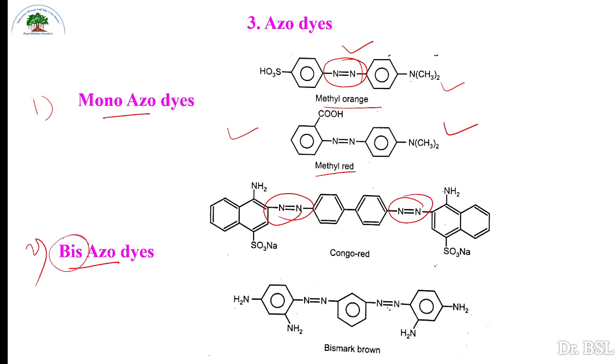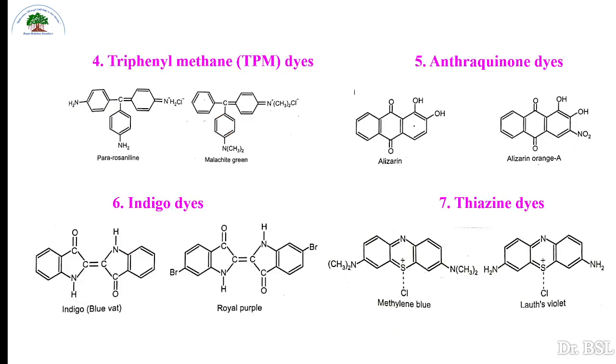Bisazo dyes are the compounds which contain two azo groups. And as this bis also indicates, it has a mirror plane of symmetry, and it has symmetric structure. So bisazo dyes are symmetrically structured azo dyes with two azo groups in this structure. So Congo red and Bismarck brown, these are the examples of bisazo dyes.